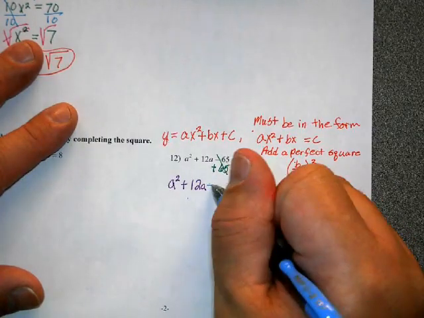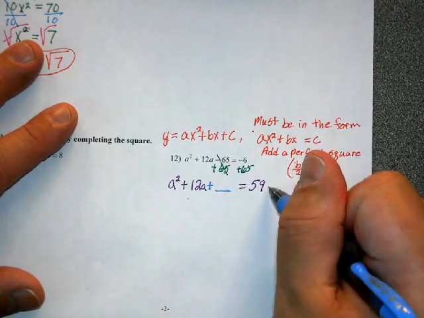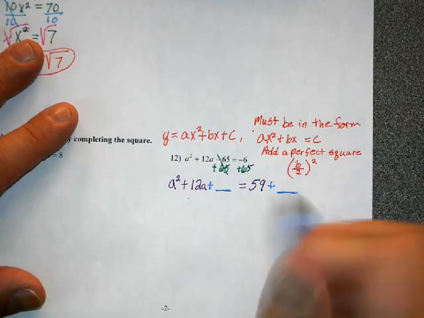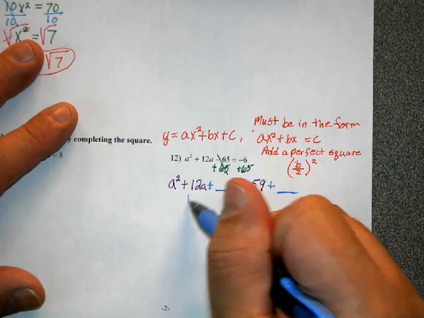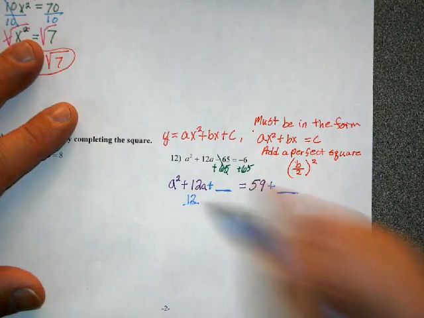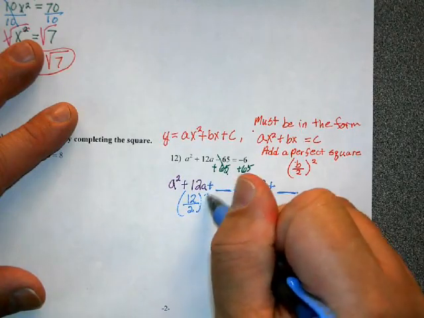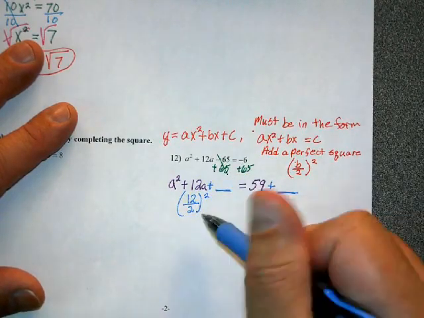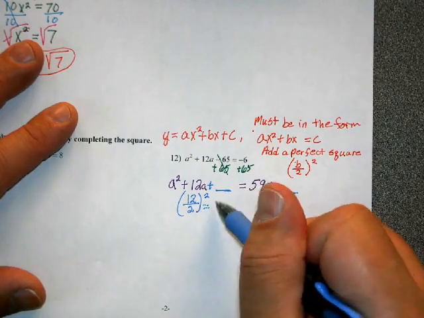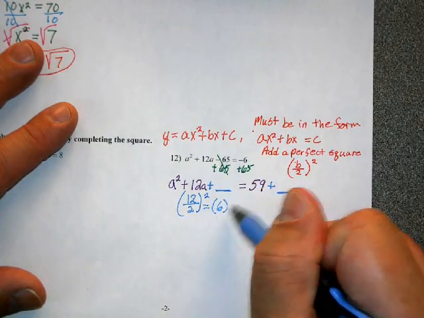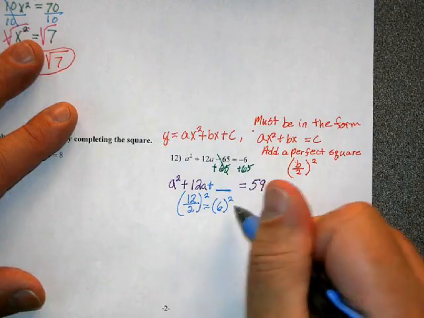So I take my b, positive 12, divide it by 2, and square it. So 12 divided by 2 is 6. I'm going to square it, which is 36. I'm going to add 36 to both sides.